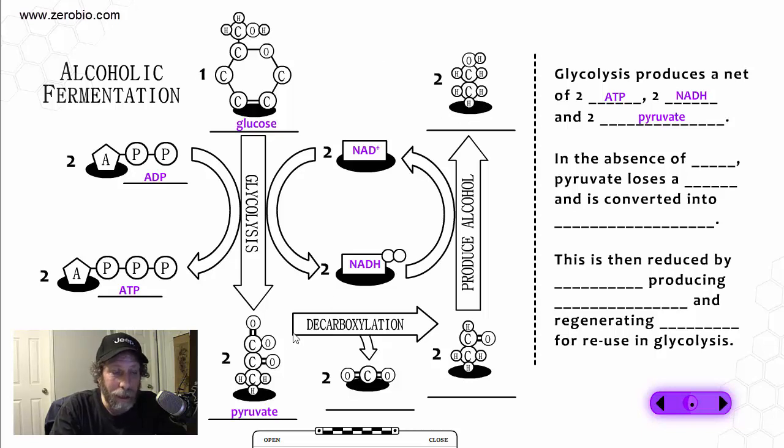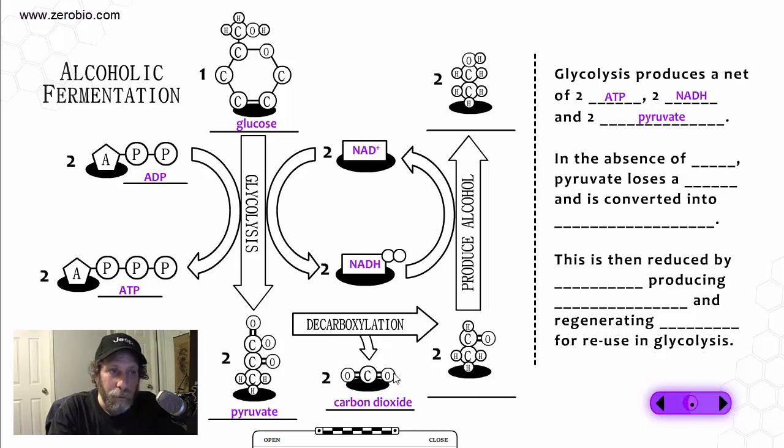But first, let's go back here. Pyruvate has a carbon dioxide removed from it. So write carbon dioxide down here. Now there are 2 pyruvates, so each loses a CO2. And if you keep track of the carbons, 3 carbons in pyruvate minus 1 carbon in carbon dioxide leaves a 2 carbon molecule.